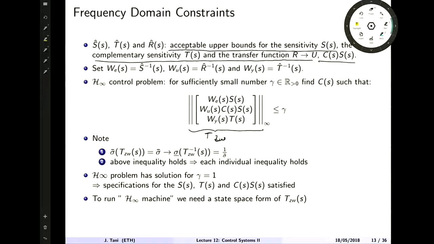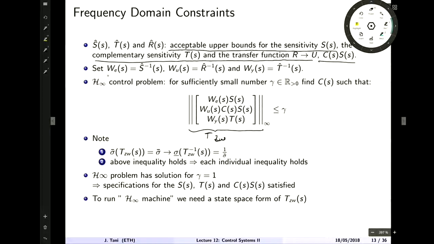Does anybody remember? We looked at this, so you know what a good sensitivity transfer function looks like. I think it was lecture 4 or 5. We did this also in Control Systems 1. So you know what these transfer functions should look like, so you can formulate bounds. For instance, as we said, you can take the sensitivity and say it should be below some value for low frequencies, and then you have another bound for high frequencies.